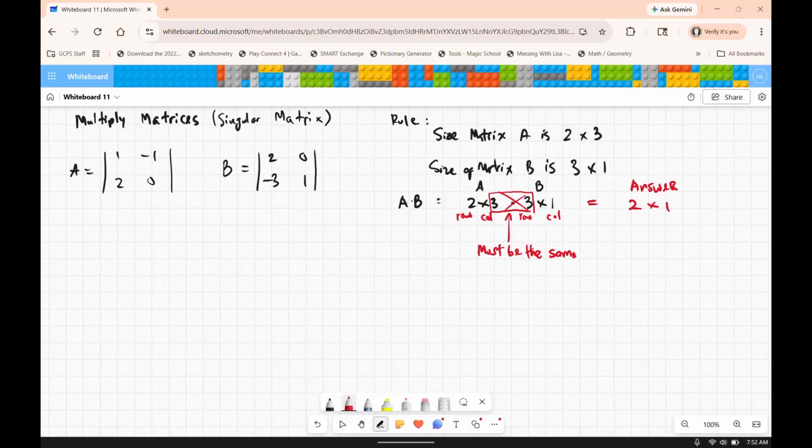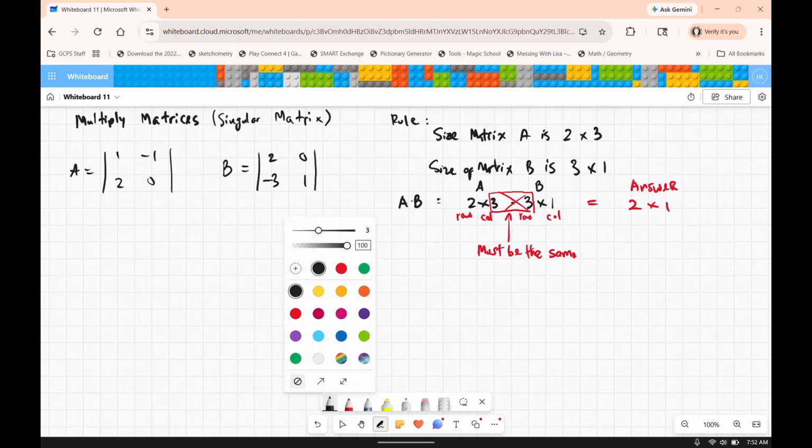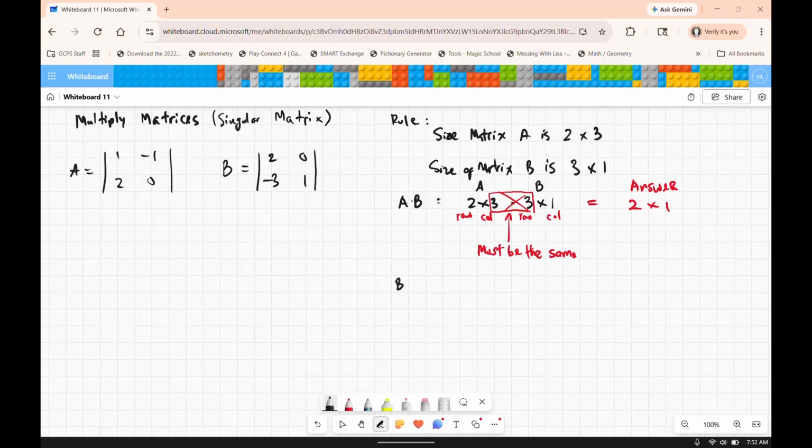Let's talk about matrix B times matrix A. Let's switch this around and see what we get. Matrix B is 3 by 1, and you multiply that with a matrix that is 2 by 3. These two numbers here are not the same.